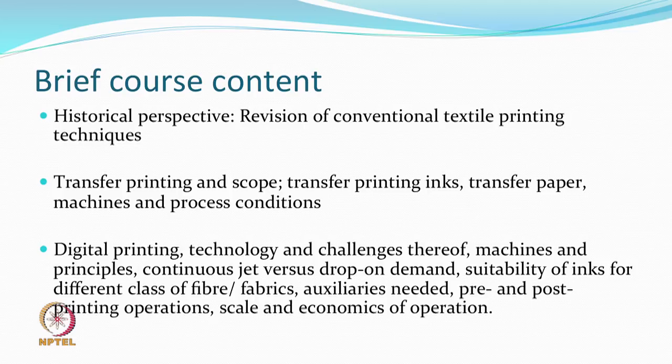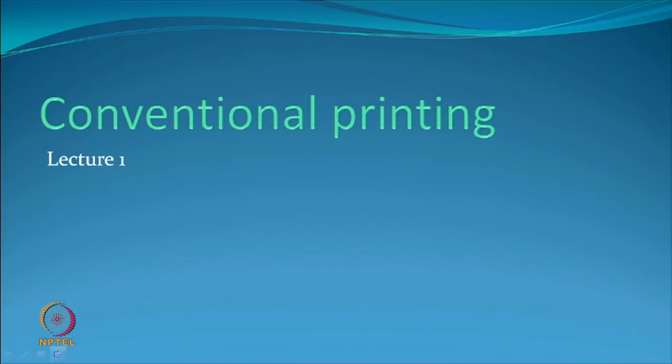So, their machines, the principles, various types of jet systems, the drop on demand, stability of inks, different classes of fiber, fabric, auxiliaries, pre- and post-treatment of the operation, and scale and economics. This is what may be interesting as far as the course is concerned. So, we start with lecture 1 in conventional printing.